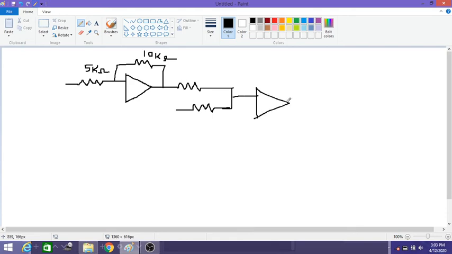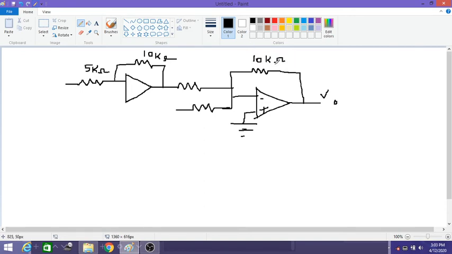So it is like a cascade example. Do not get afraid by looking at this circuit. This is very easy to analyze. We just have to think a little bit before jumping into solving this example. So just analyze this circuit.